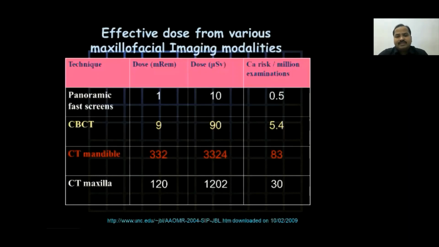So CBCT should be taken up as the indicated method of imaging, where we would not go for CT imaging but rather CBCT, for the benefit of the patients. And where we do not want any overlapping structures to be seen, and a much more in-depth study of the anatomical details of the patients is needed, we will go for CBCT imaging rather than panoramic imaging.